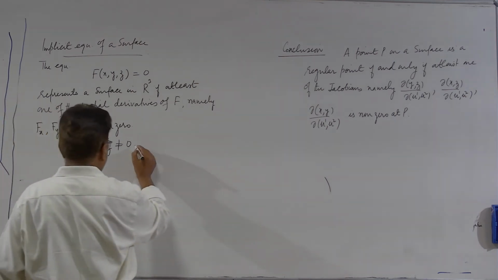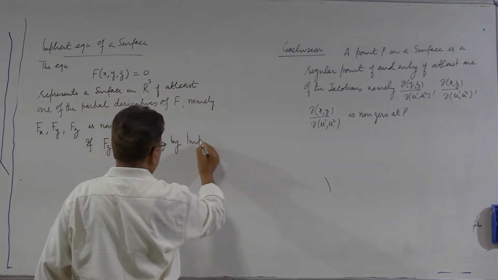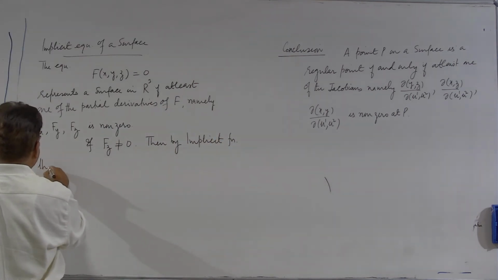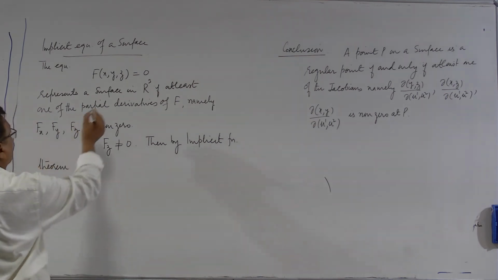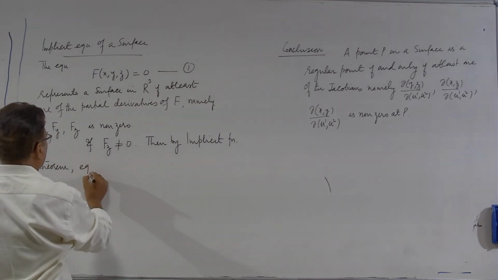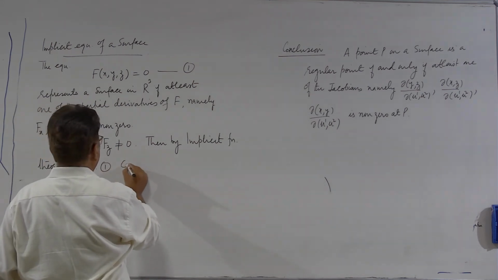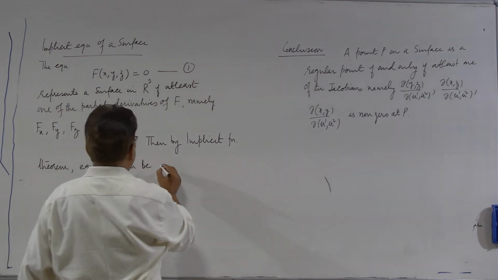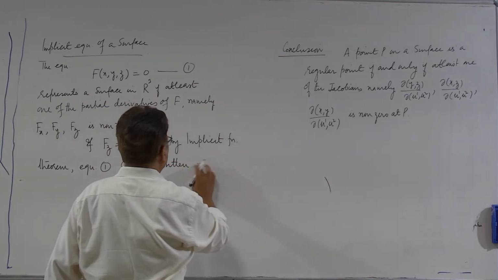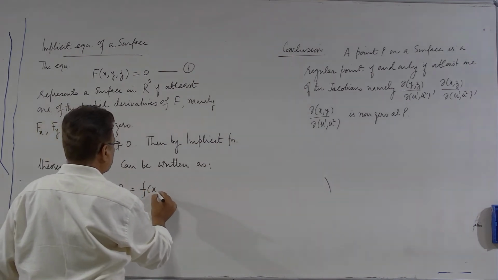Then by implicit function theorem, if you call it number 1, equation 1 can be written as z equal to f of x y.